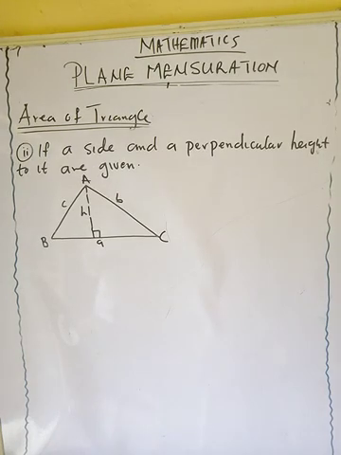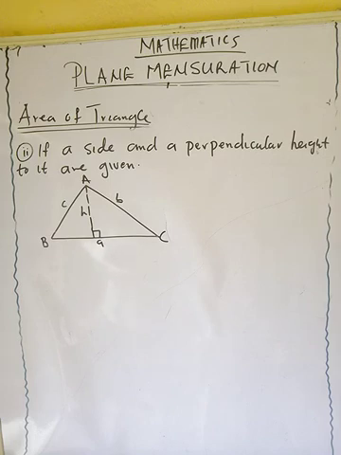Now don't forget, what we are doing is area of triangle, and what we said earlier is that depending on the information they supply, the information they give us will determine the methods or the ways we can solve our question.